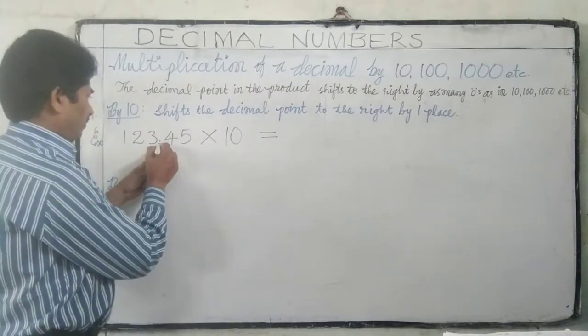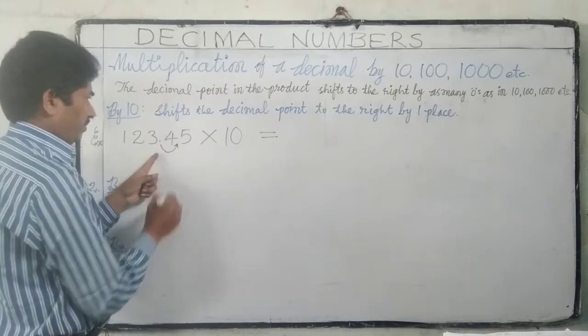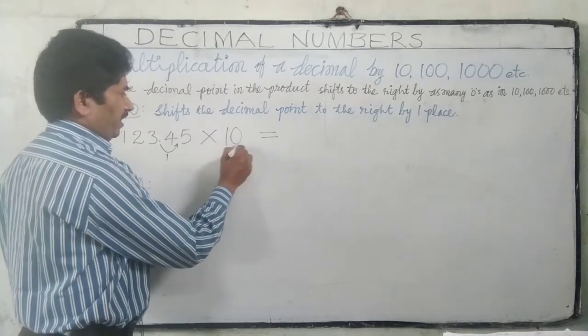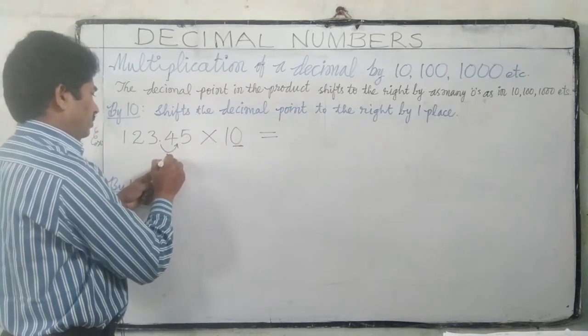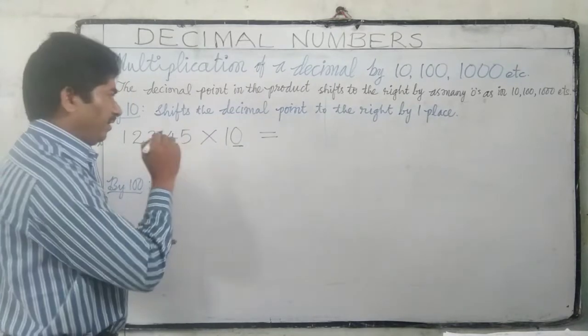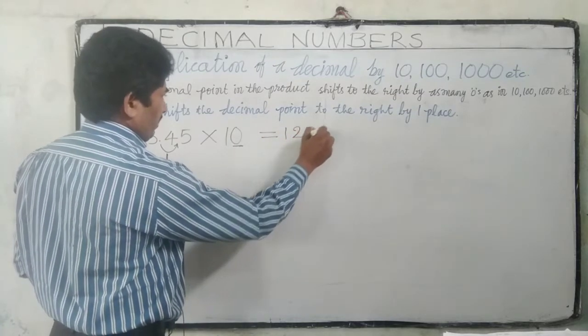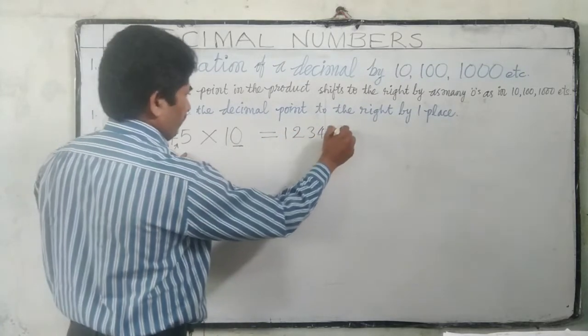So we have to shift the decimal point to the right by 1 place. Here we have 1 0, that's why shift the decimal to the right by 1 place. 1234.5.